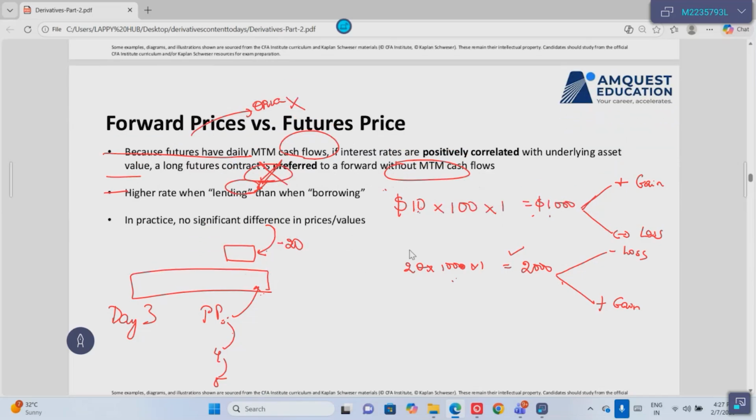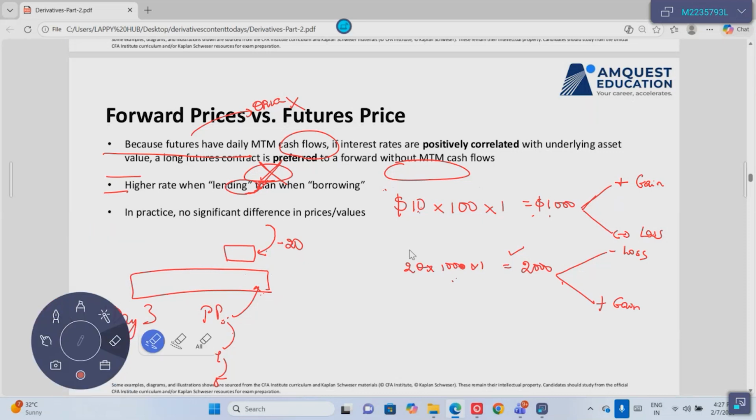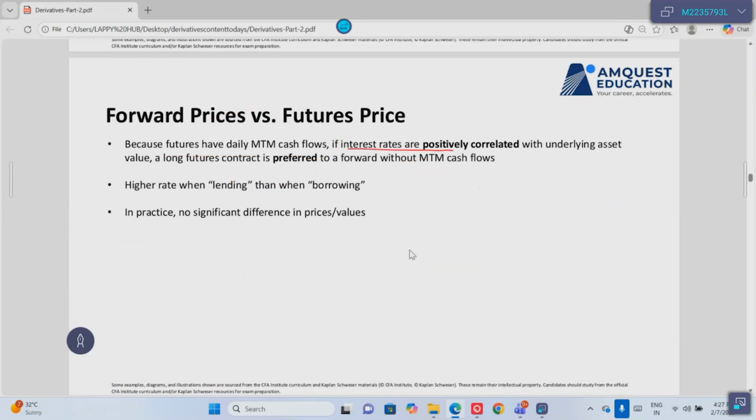Okay. Now, obviously, futures have a daily mark to market. So, if the interest rate is positively correlated with the underlying asset, right? A long futures, long means you have bought, a buy. A long futures contract is preferred to a forward without MTM cash flows, right?